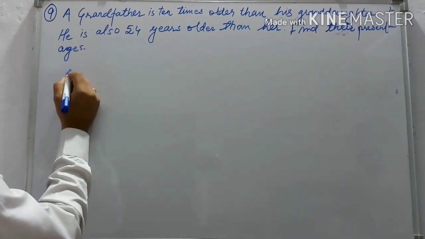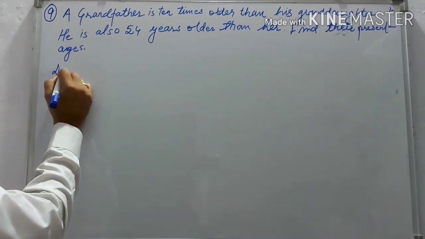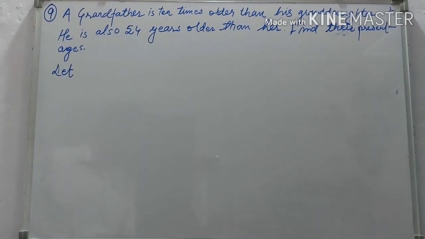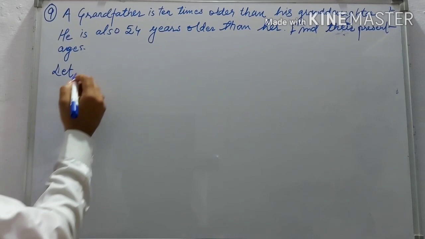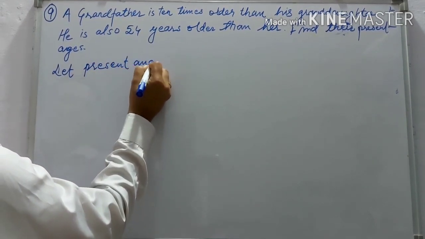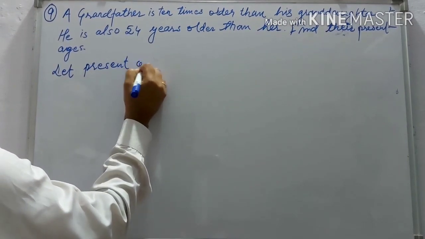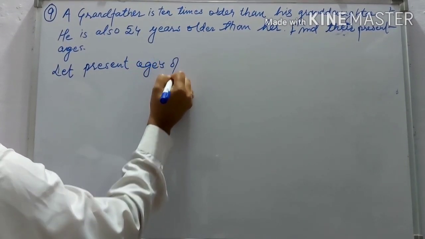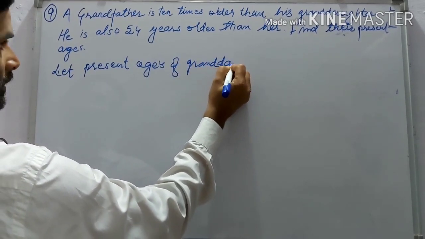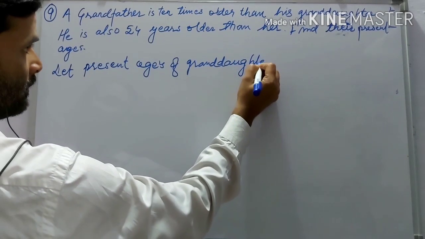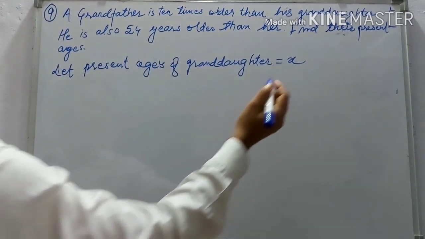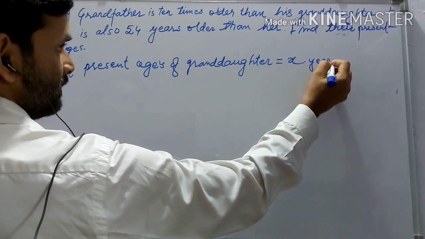So let the present age of the granddaughter be x. Okay, now this is the age, you write the age x.